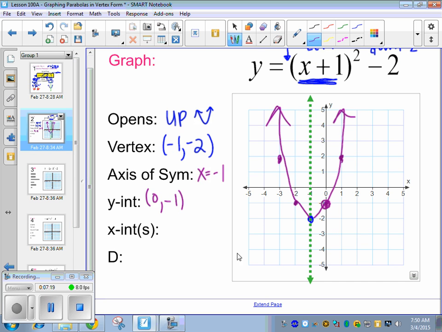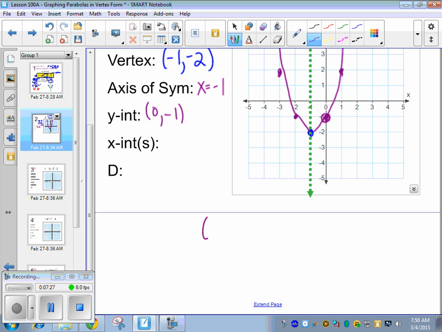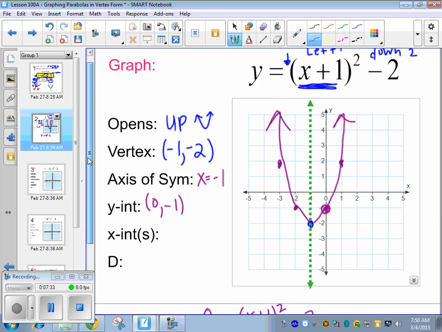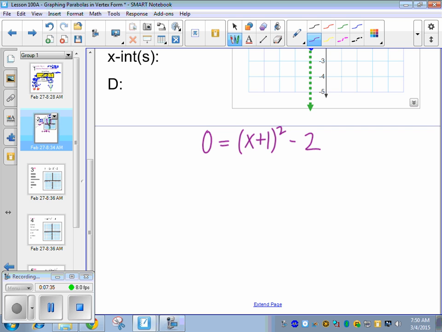So to find the x-intercepts, we take the equation and we plug in 0 for y, because the x-intercepts are always when y equals 0. So I have 0 equals x plus 1 squared minus 2. So I just rewrote the equation, but I plugged 0 in for y, and we're going to solve it. So we're going to add 2 to both sides, right?